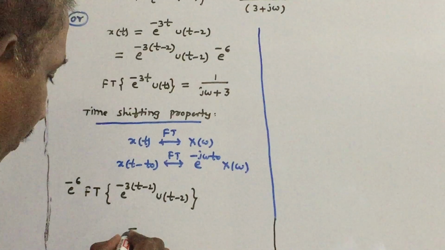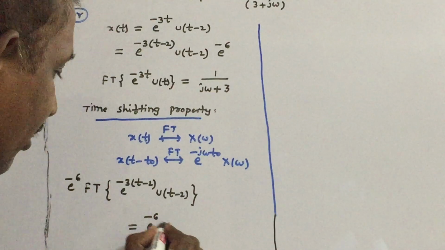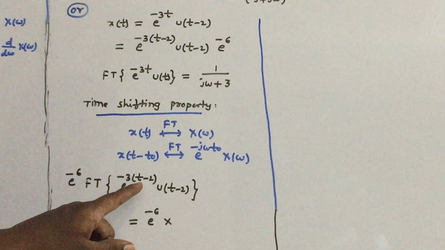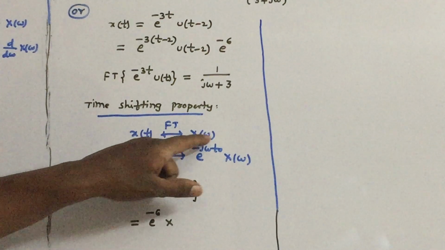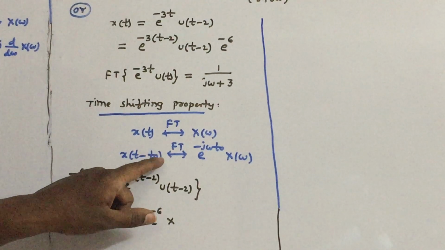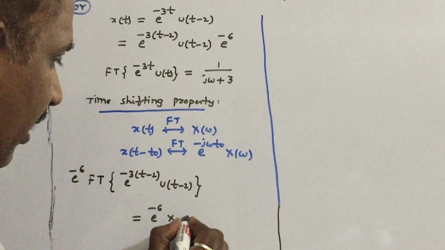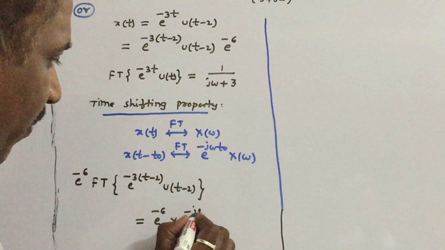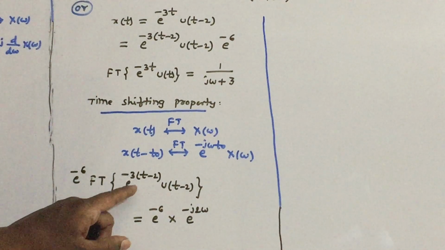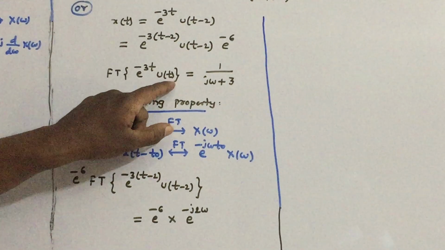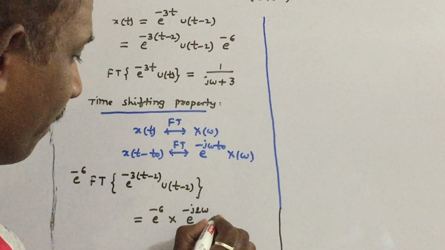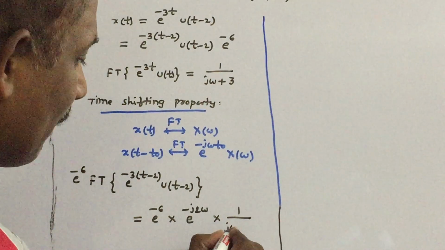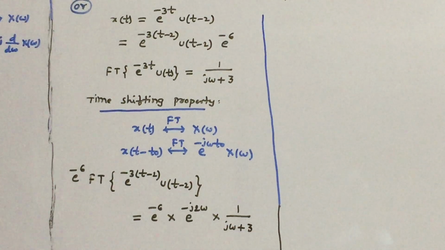So that means e power minus 6 into, here x of t's Fourier transform is X of omega. x of t minus t naught is just multiplied with e power minus j t naught omega, t naught is 2. So therefore e power minus j 2 omega into the Fourier transform of e power minus 3t into u of t, which is 1 by j omega plus 3.